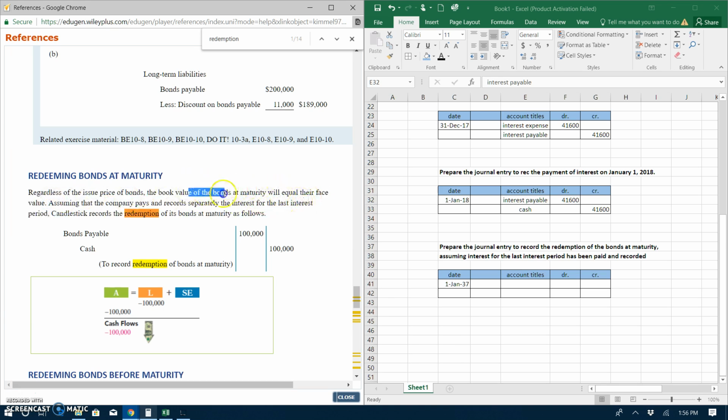So remembering this is key, because this will save you a lot of time. Remember that the bond at maturity is equal to the face value.